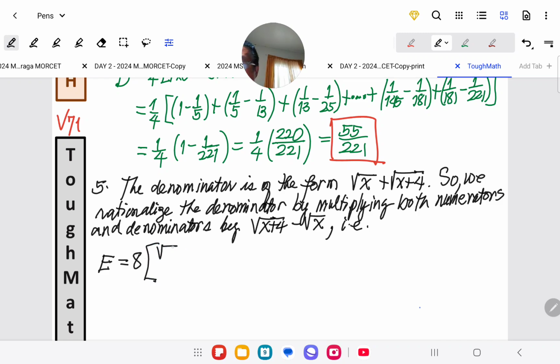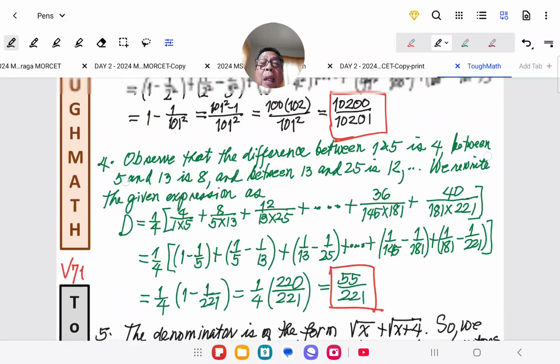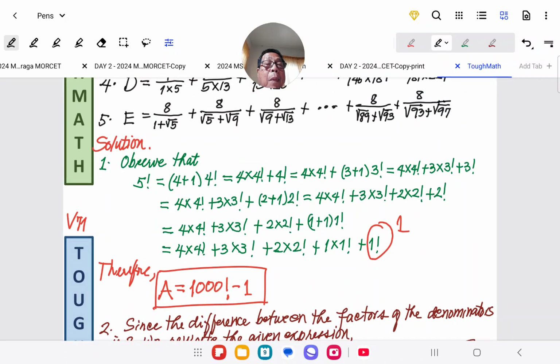And then here we have square root of 5 minus 1 over 4, because we have now rationalized the denominator, plus square root of 9 minus square root of 5 over 4, plus square root of 13 minus square root of 9 over 4, and so on, plus, what is the last term? 93 and 97.